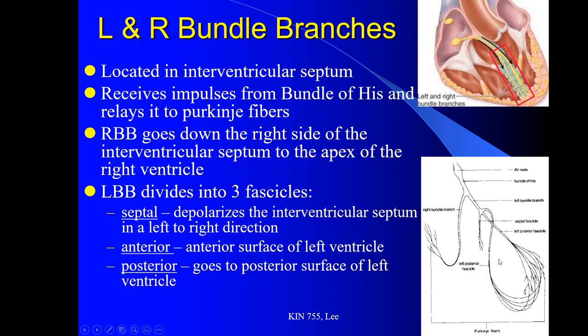You can actually detect this sometimes on EKGs, like what fascicle might be affected if there is an issue. But as far as the location of these, you can pretty much just know that they're there, and I put a description of where they are. The left bundle branch does have these fascicles, the right does not. So the left is a lot more complicated.